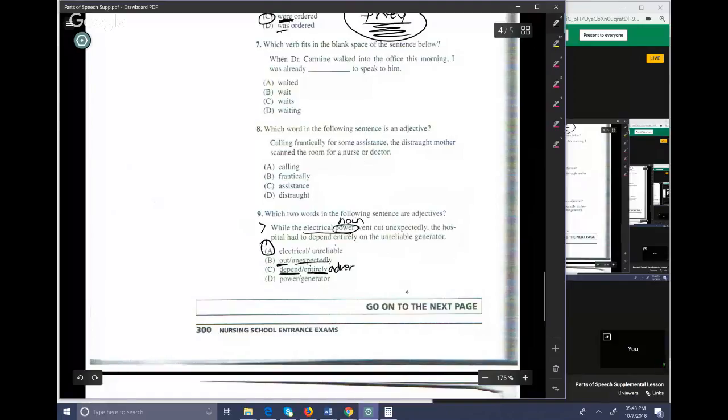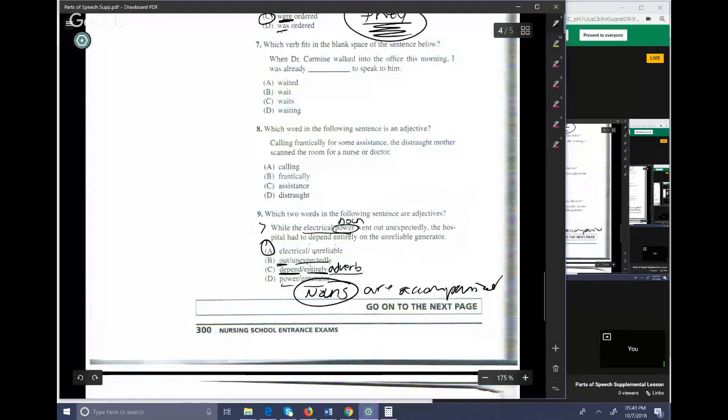So if you got your adverb and adjective mixed up, you might have thought entirely would work. That is describing an action. It's describing depend, which is an action. Power and generator are quite literally the nouns that we wind up modifying, but they're not the adjectives. They're the words that are accompanied by an adjective, but they are not the adjectives.